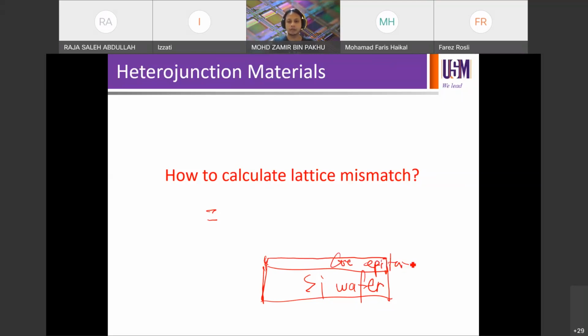You're talking about mismatch, especially when I'm talking about epi layer, epitaxial layer. What is epi layer? Then that will be another search. So if you want to grow a thin epitaxial layer, just like what we learned in tunneling yesterday, a very thin one, germanium on silicon, in this case germanium is the film to be grown. A very small, very thin film. And the silicon in this case is the substrate.